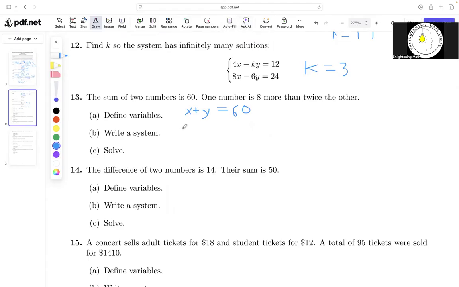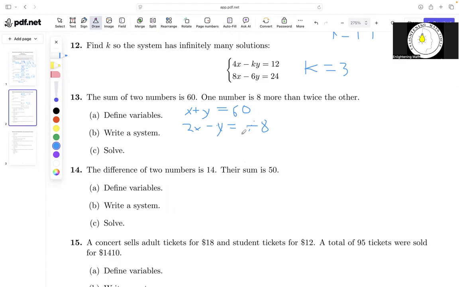Yeah, that's correct. So based on this here, we can just move this y over and make a negative y and move this 8 over and make a negative 8. So negative y, negative 8.